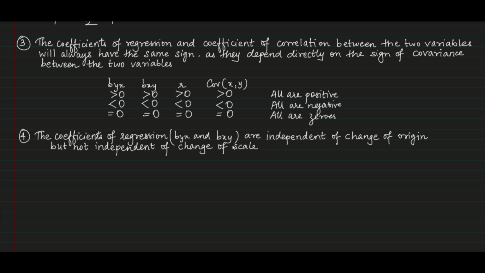This means if we multiply or divide all the observations in a data set by a constant, then the coefficients of regression may change accordingly. But if we add or subtract a constant to all the observations in a data set, the coefficients of regression will not change.